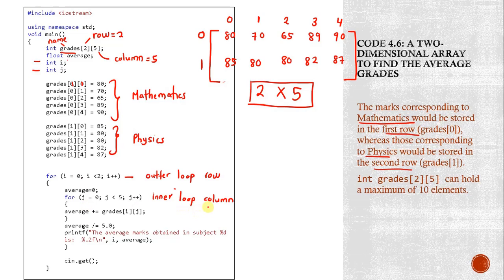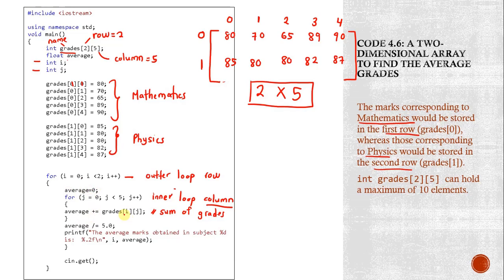And for my column here, j, I have up to 4, so j less than 5. So you find the average. This is the sum of grades. So I have average plus the summation. Since I have an average plus here, I need to initialize my average, which is average equals 0.